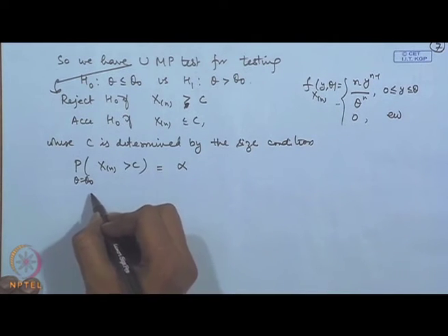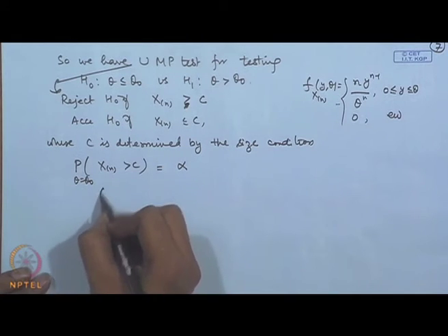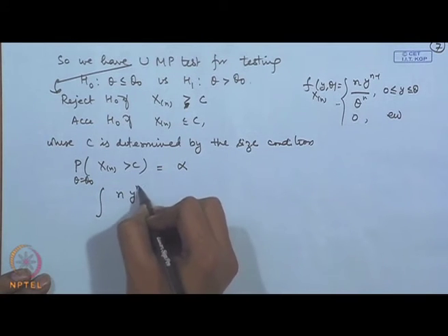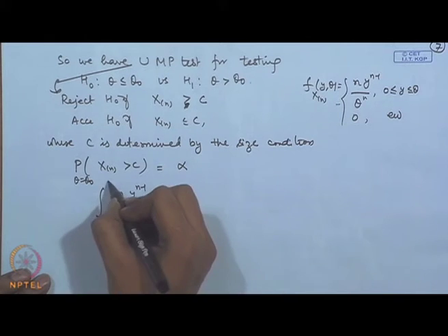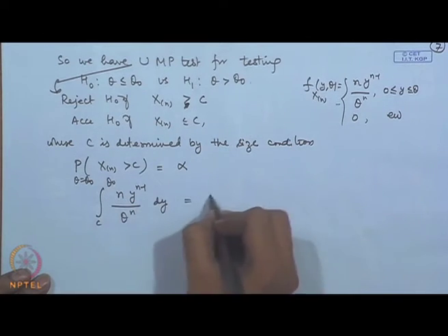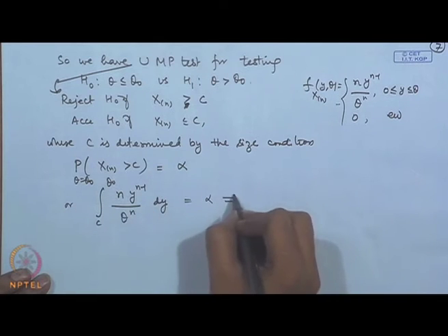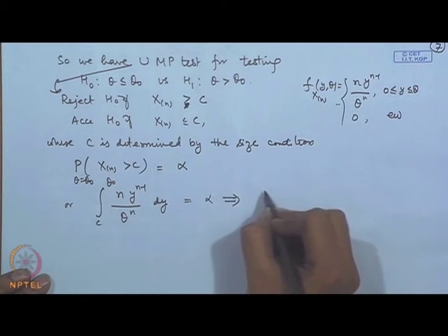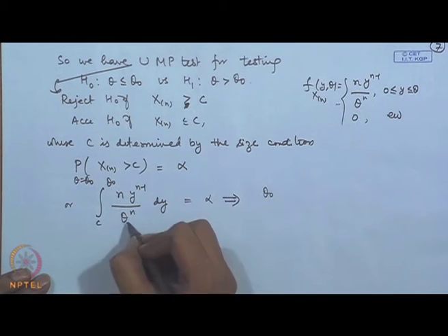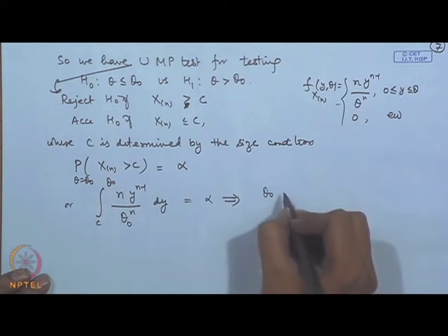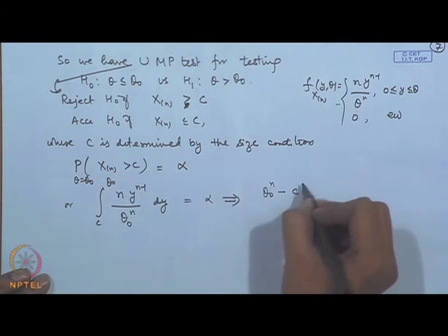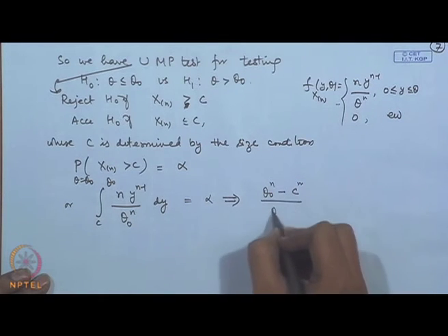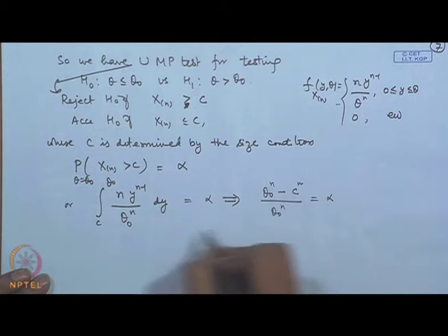It turns out to be the integral of n y to the power n minus 1 by theta naught to the power n dy from c to theta naught, equal to alpha, which is equivalent to theta naught to the power n minus c to the power n, divided by theta naught to the power n, equal to alpha.